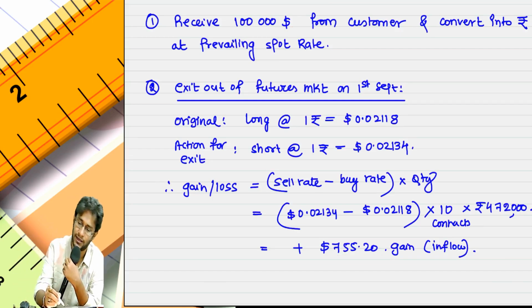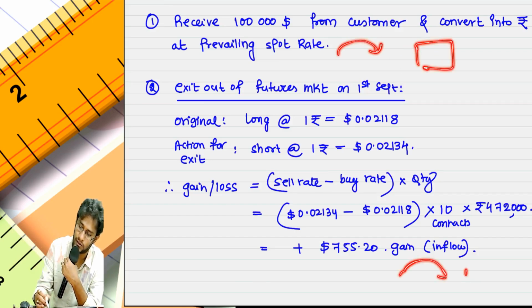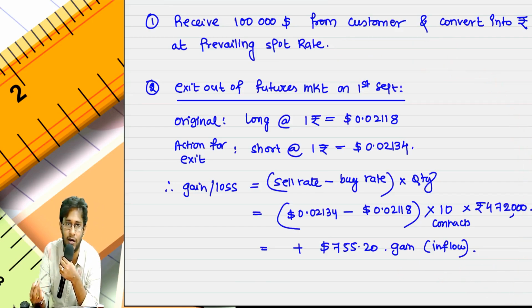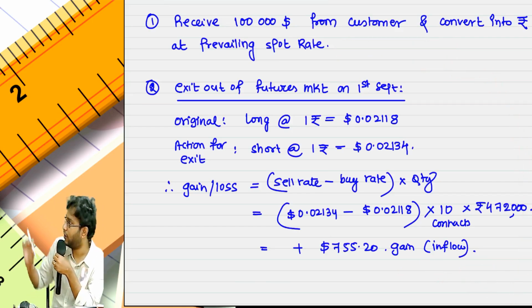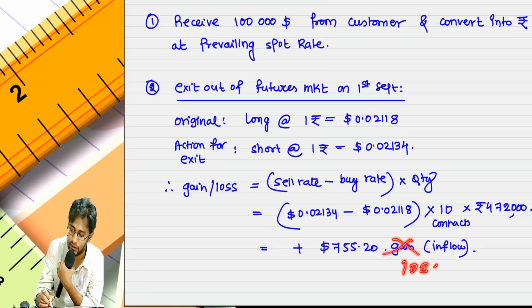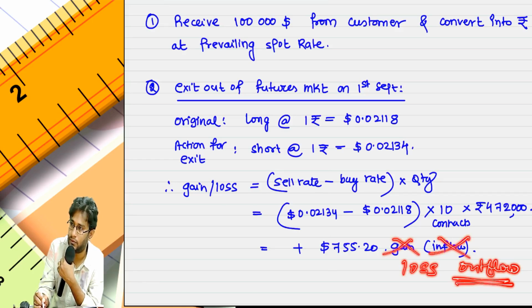Sir, can I do individually also? I mean, here I'll do conversion, here also I'll do conversion, and I'll add up these two. That also will give me the same answer because the same rate will be selected. But why I did not do individual conversion is, imagine here inflow is coming, there is no doubt. Suppose instead of gain, you suffered a loss, so you have to pay money.